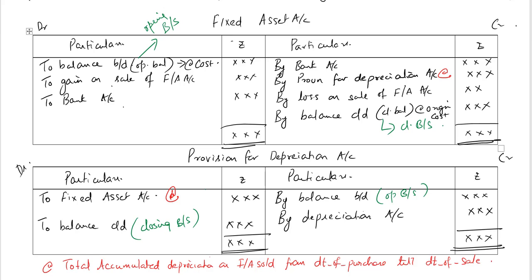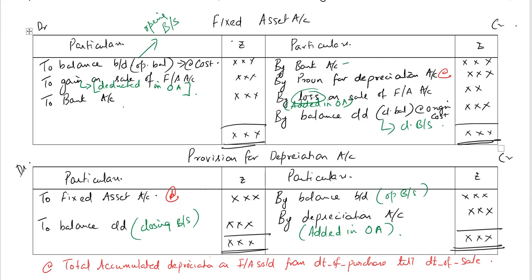This depreciation, by depreciation account, has to be added in OA. Any loss on sale has to be also added in OA. In case of gain on sale, it needs to be deducted in OA.